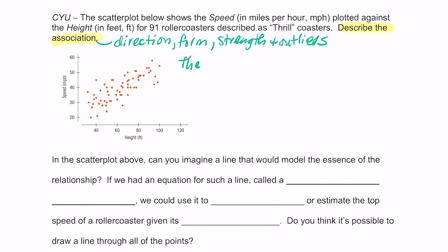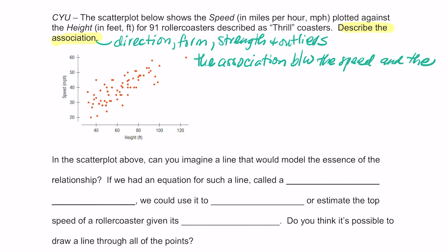The association, or just relationship, right, between the speed of the coasters and the height, I would say is positive because it's sloping up to the right. It's very linear.